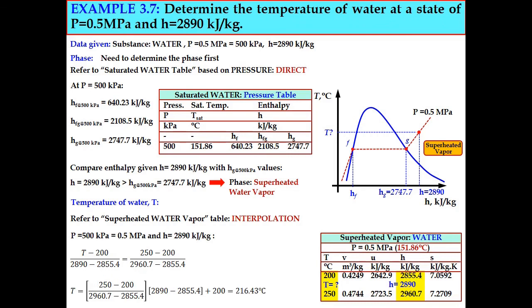Rearrange the equation in order to obtain the temperature value. Based on the calculation, the temperature equal to 216.43 degrees Celsius. So this is the value for the temperature for the state given in the question, where the state is in the superheated vapor region.